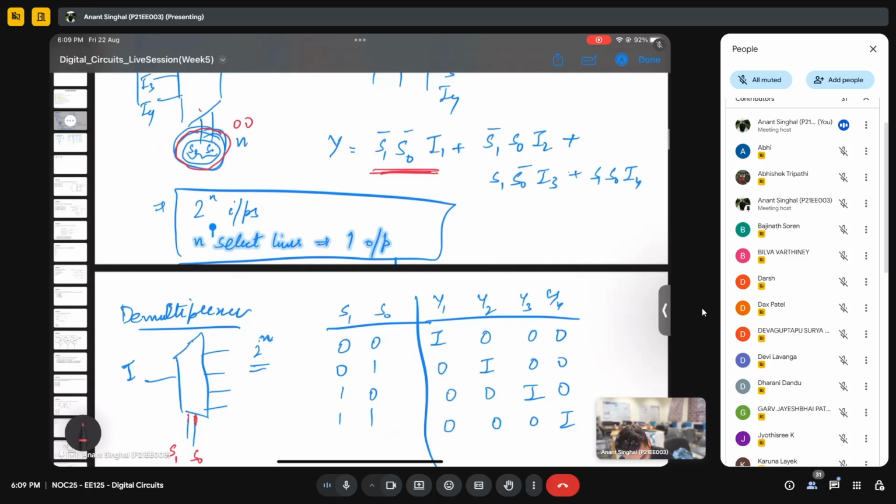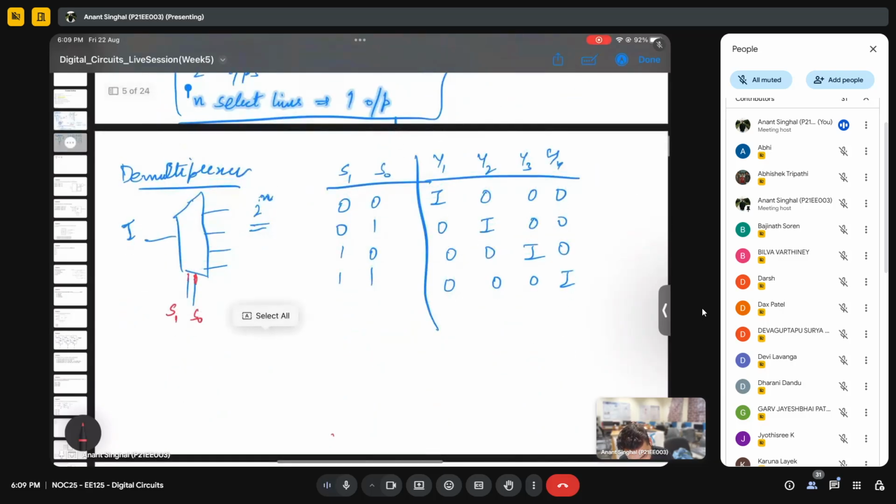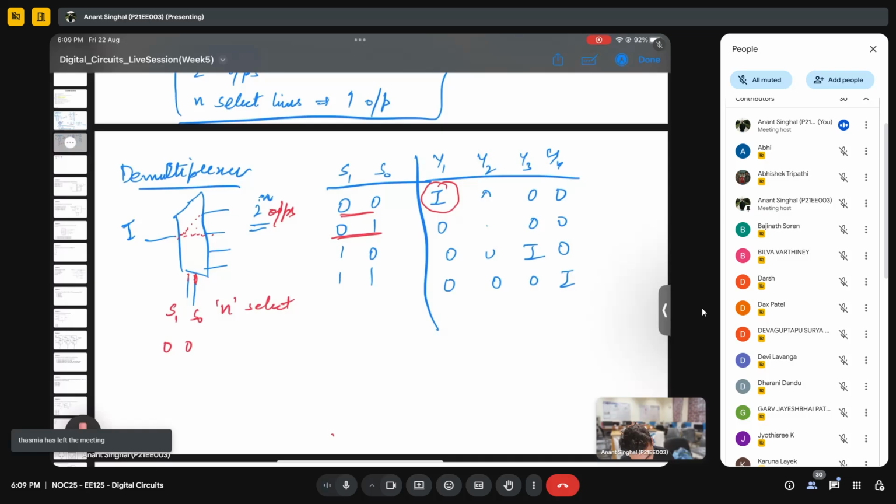Similarly, for a demultiplexer, it has 2 raised to the power n outputs and n select lines again. Let's say it is again 0 0. Then 0 0 corresponds to a particular output, and that output will receive the input. For 0 1, similarly, the input will come out from the next output.